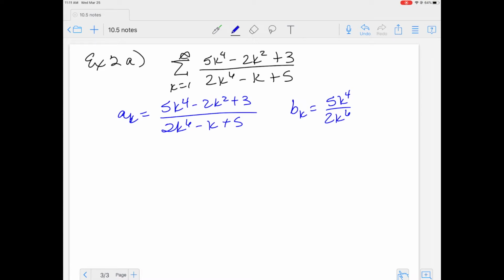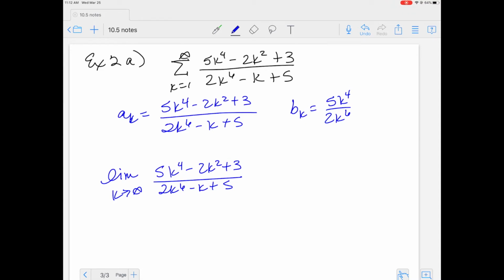Then I take a limit as k approaches infinity of a sub k, which is my original, over 2k to the 6th minus k plus 5. And I am dividing that by b sub k.